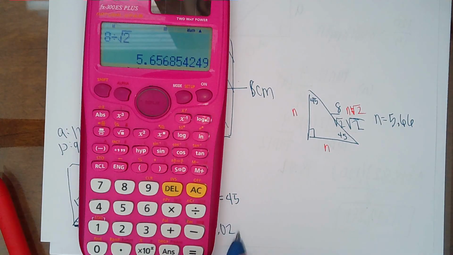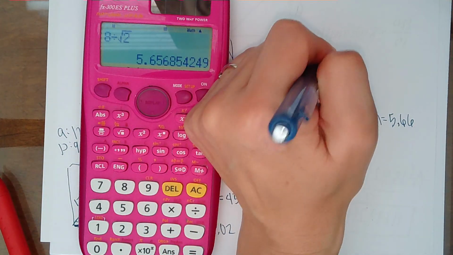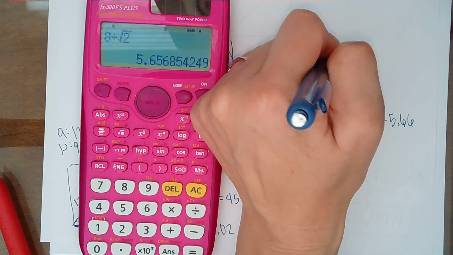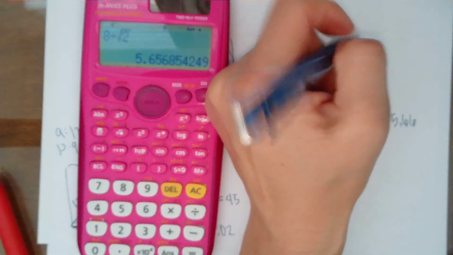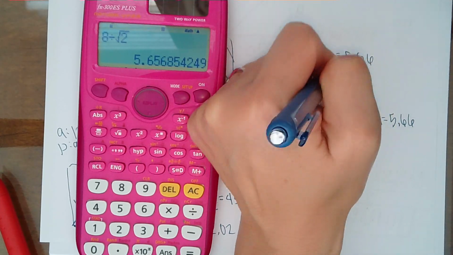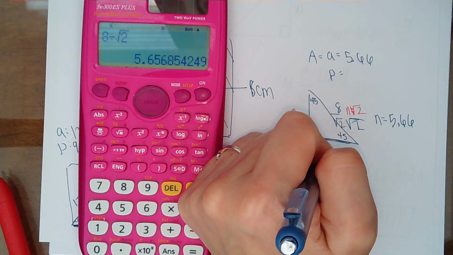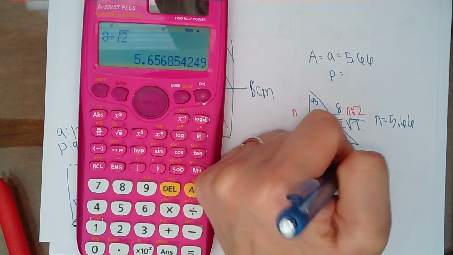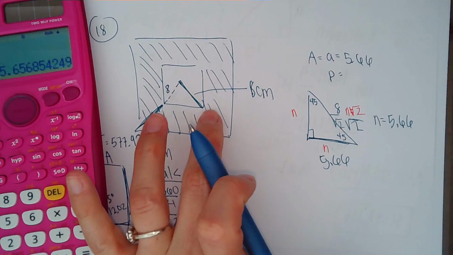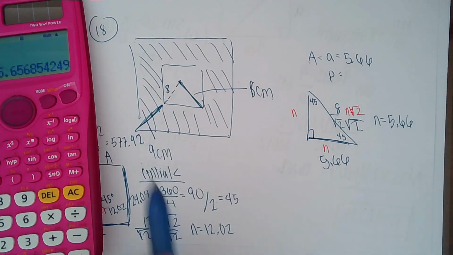Okay, so that's both of your ends. So now for this one, for the area, I need my apothem, which I know is equal to 5.66. Now I need to know my perimeter. Well, I know that half of the side is 5.66, but I need to figure out the full side, right?